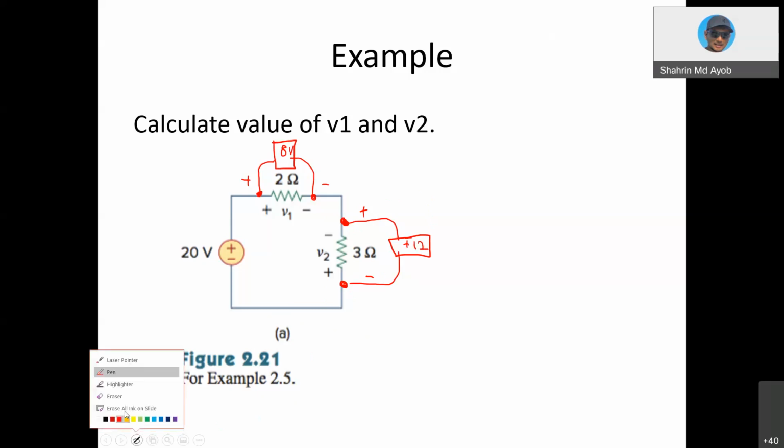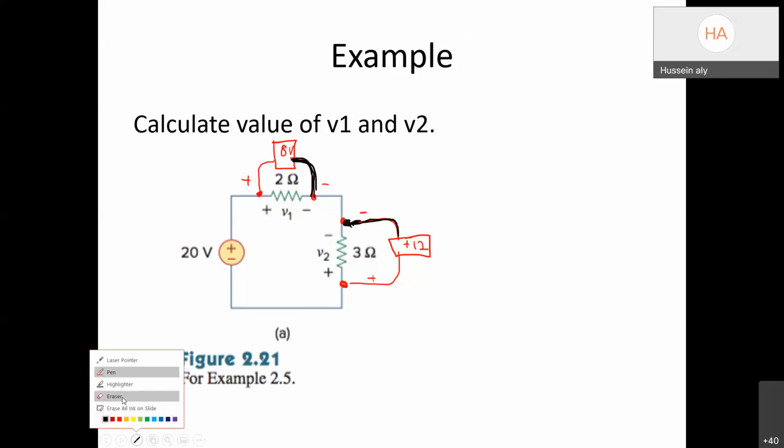What is the reading when I change the probe? This one is negative, this one is positive. Negative meaning that this one is the black cable, the common cable. What is the reading?